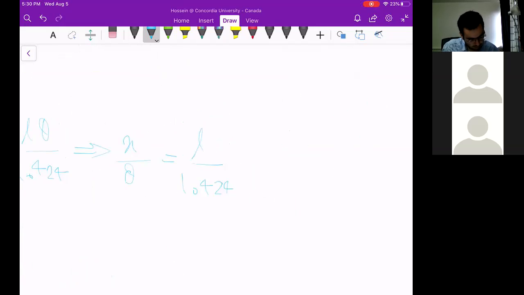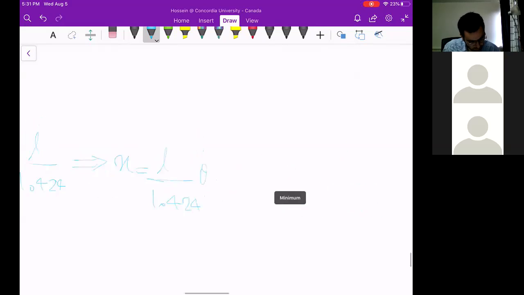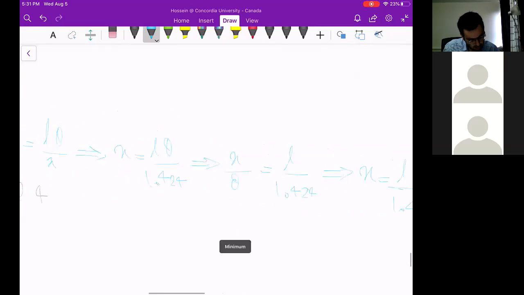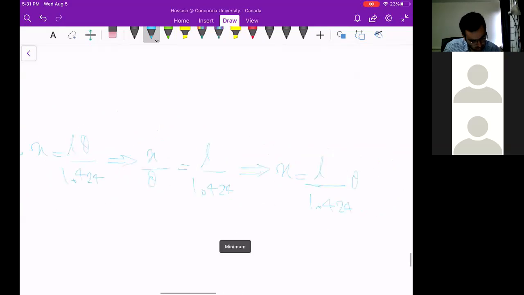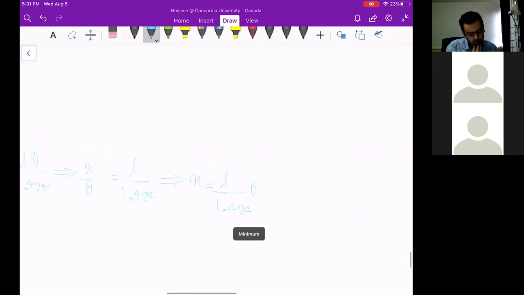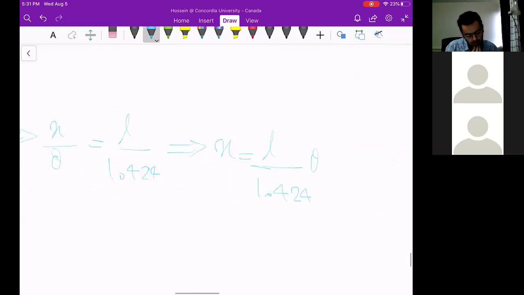You could say X is L over 1.424 theta. Let's simply take X over theta.